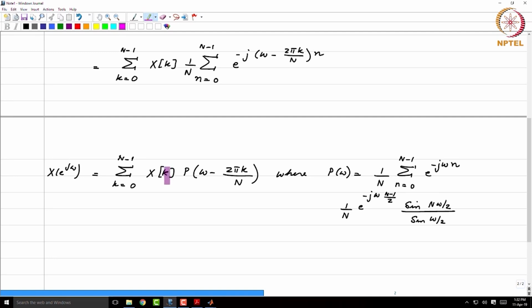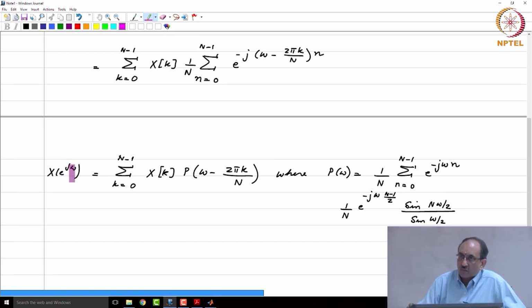From these samples you are reconstructing the DTFT for all ω, for a continuum of values, and the way you are doing this is you are interpolating them, similar to what you did in the impulse train sampling case. There the interpolating function was sinc(t/T), as I had just mentioned earlier, whereas now the interpolating function is this, the Dirichlet kernel.